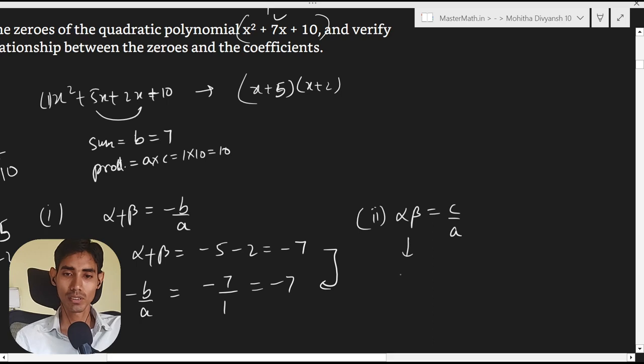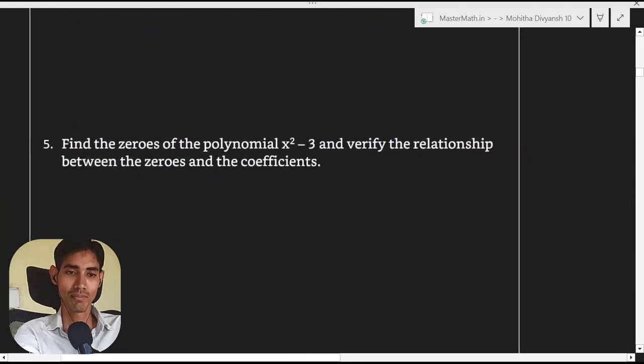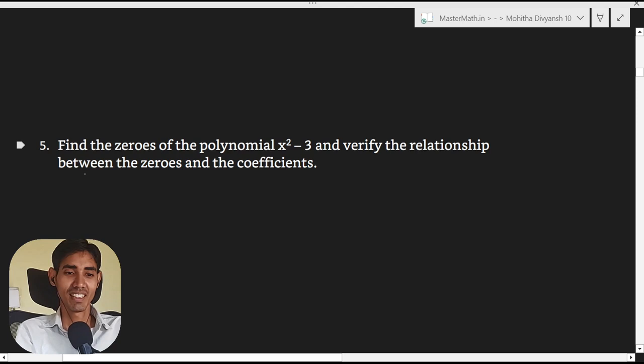So alpha beta value is minus 5 into minus 2, that is 10, and this is also 10. So okay, let's try this. Get me the ABC values, very important, and get the alpha beta values. Rest is easy.